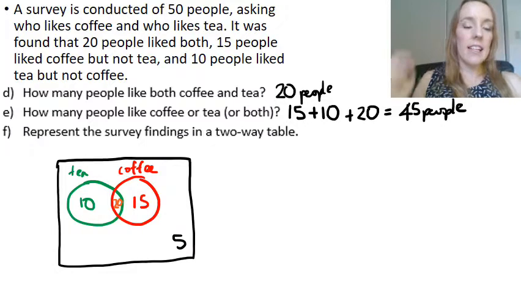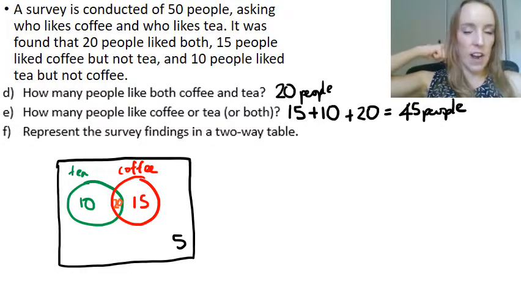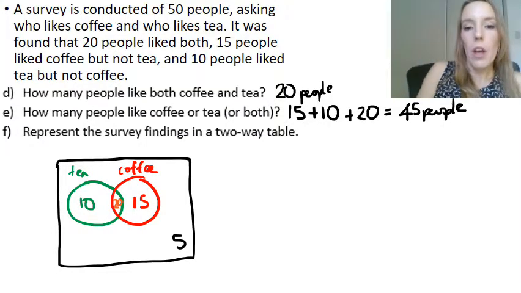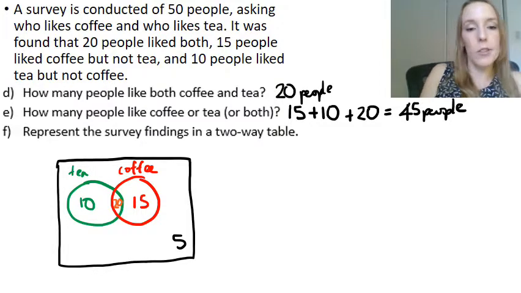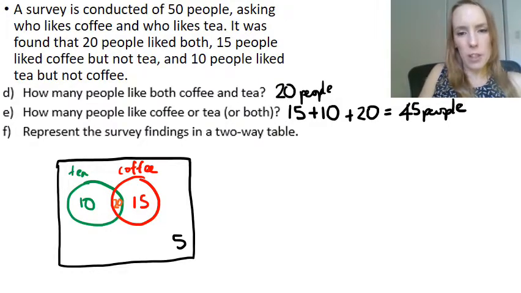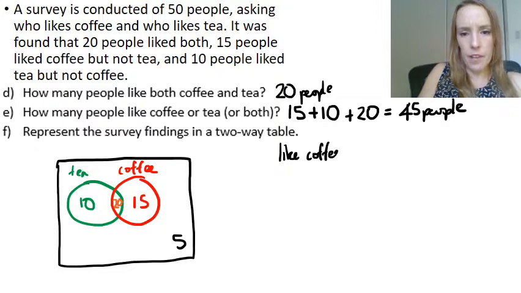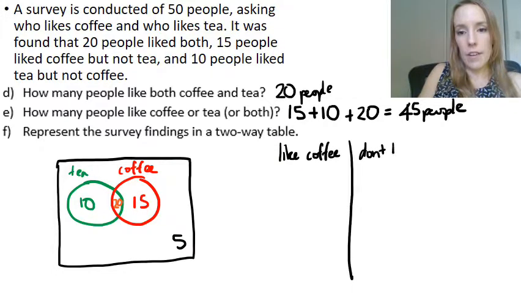Okay, and that last thing is to represent the survey findings in a two-way table. Again, my lack of ruler is the bane of my existence. So we're going to draw up some columns and rows. We'll have like coffee, don't like coffee, and then obviously our totals.